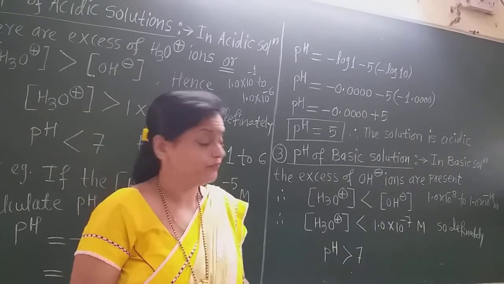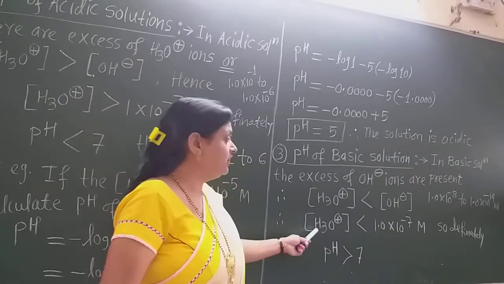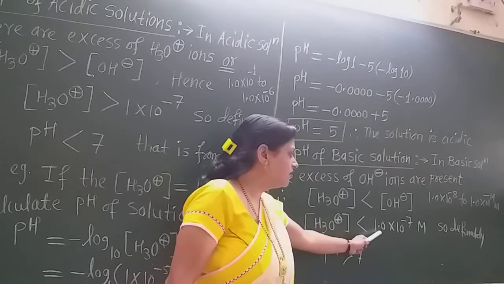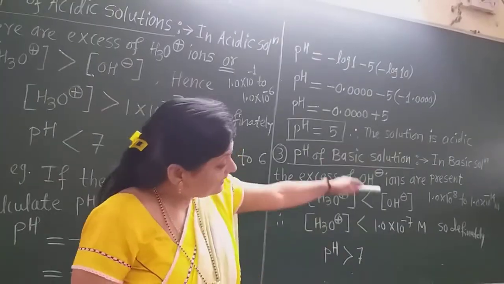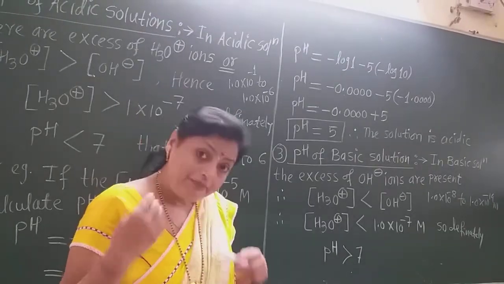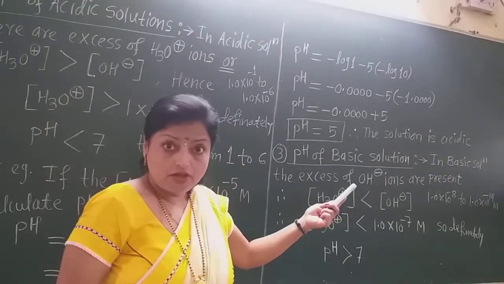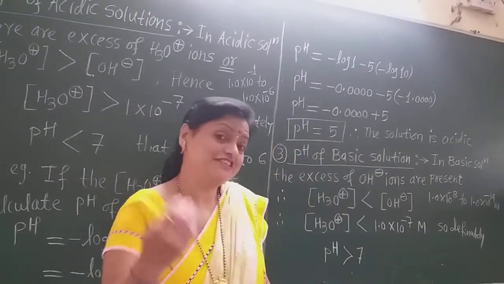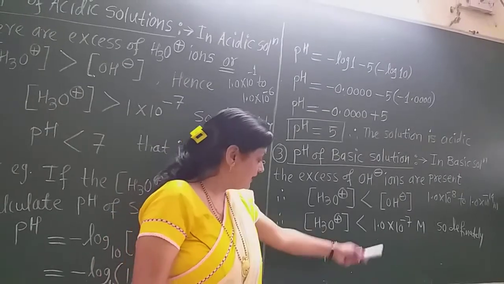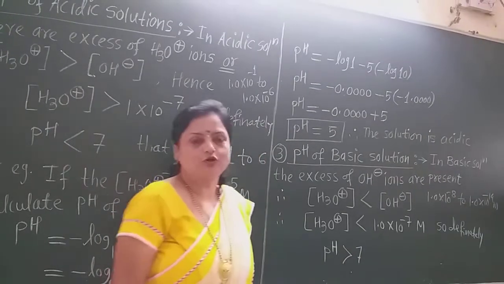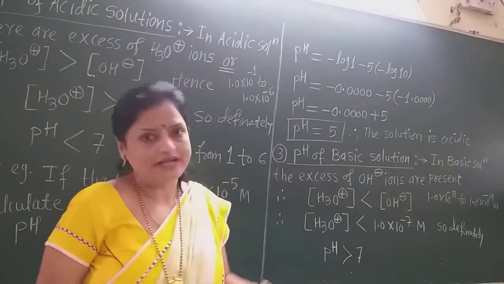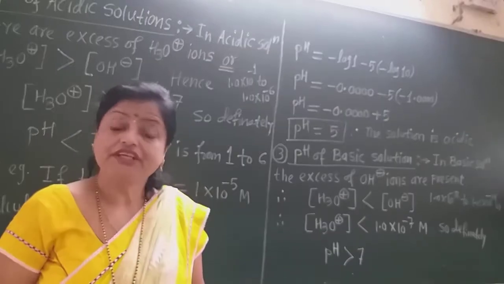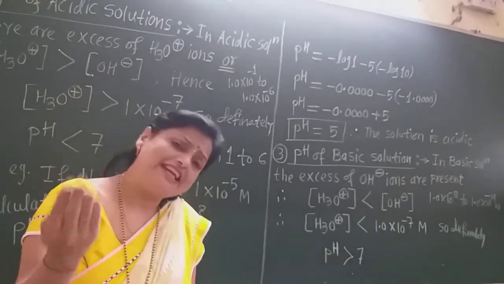So the concentration of H3O plus is always between 1.0 into 10 raised to minus 8 and 1.0 into 10 raised to minus 14, which is less than 1.0 into 10 raised to minus 7. Definitely the pH for these values ranges from 8 to 14, which is greater than 7.